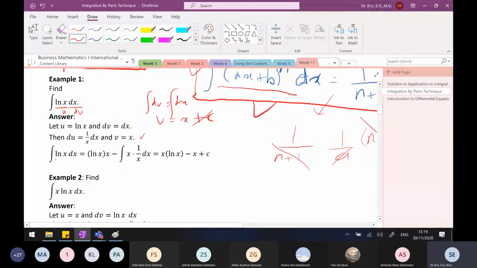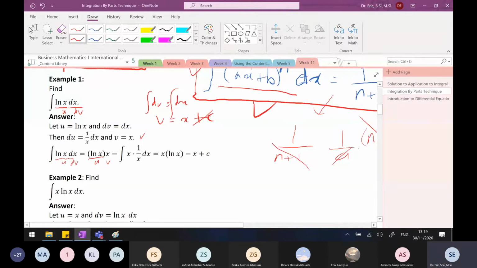So integral u dv is u, which is ln x, times v. Don't forget to use parentheses. If not, you will mistakenly look at this as ln x times x, so you will have ln x squared, and that is wrong.